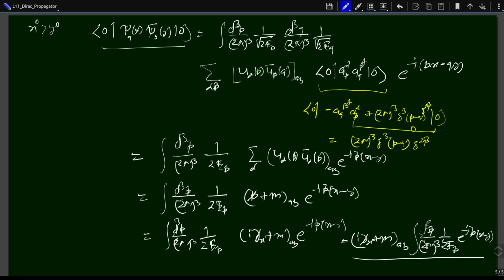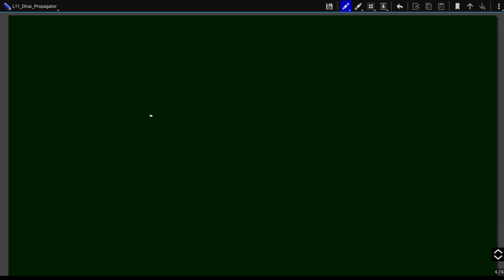In this scenario, if I just swap these two, a and b, I'm looking at <0|psi-bar_b(y) psi_a(x)|0>, and we are basically considering the situation as we did in the scalar case: do we have connections outside the light cone? This would say exactly, like over there, that yes, we will have connections outside the light cone.